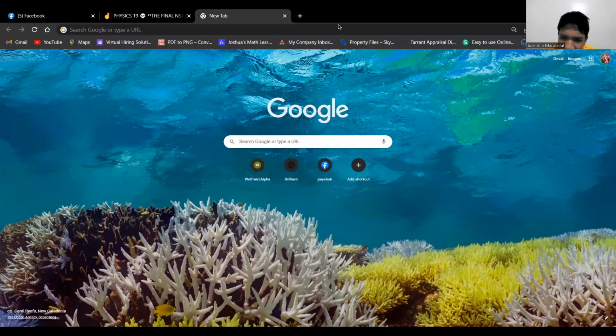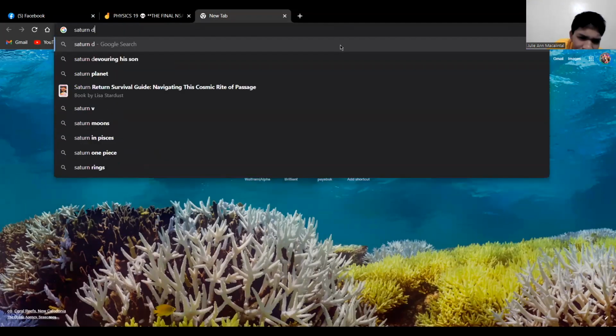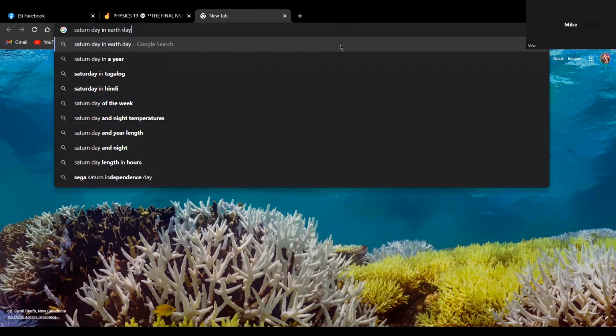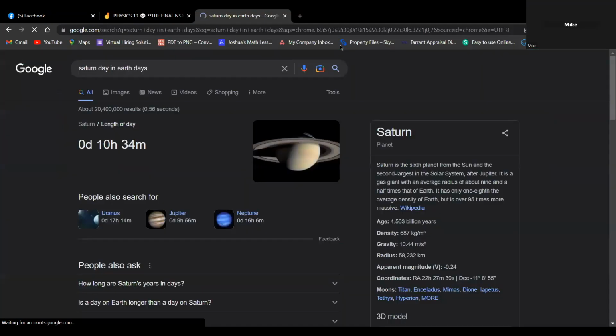I think Saturn is the fastest day. Teka. 10 hours 34 minutes. So that still apparently takes 10 hours. But meanwhile this hypothetical Earth takes about 1 hour and 24 minutes. Crazy.